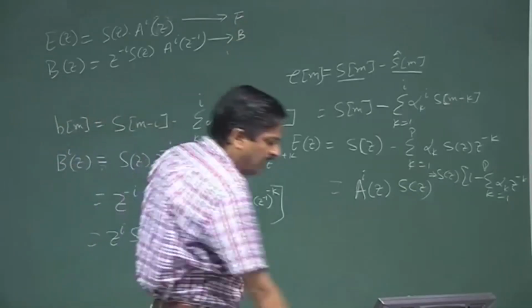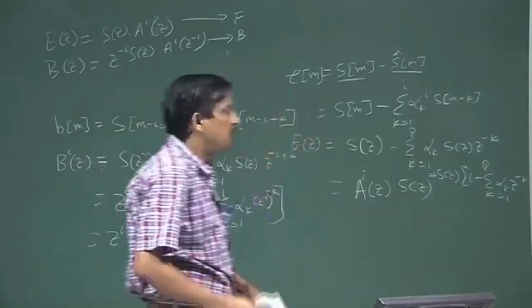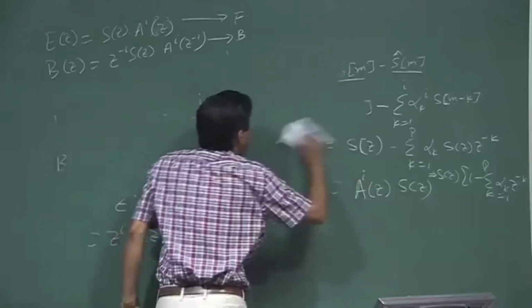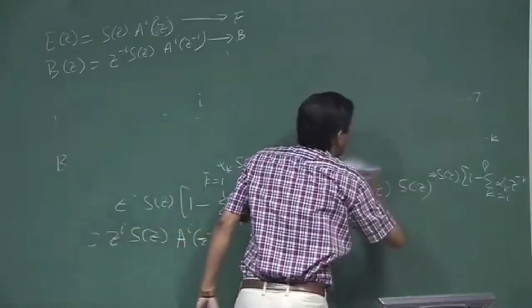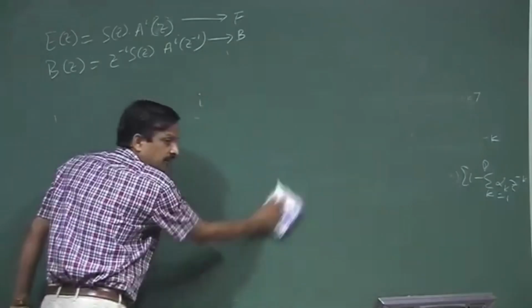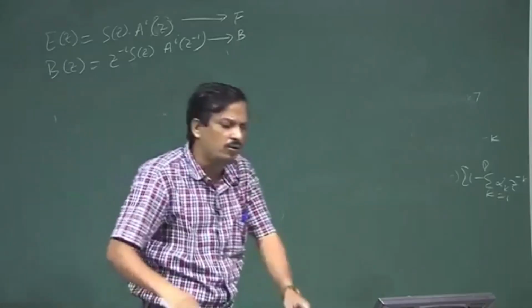Okay. Forward prediction error and backward prediction error are okay. Now think about the Levinson recursion. What does the Levinson recursion say? I am not explaining it on the board, it is written in the slides.